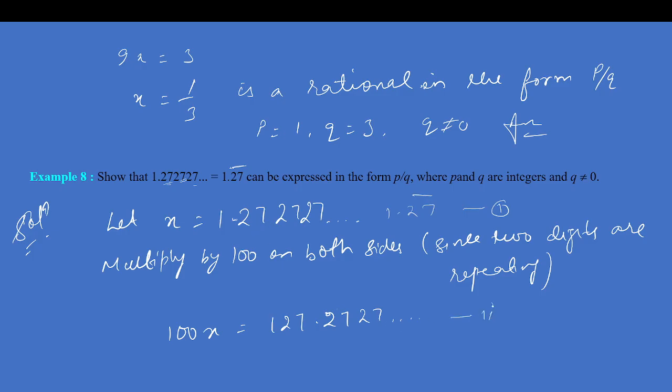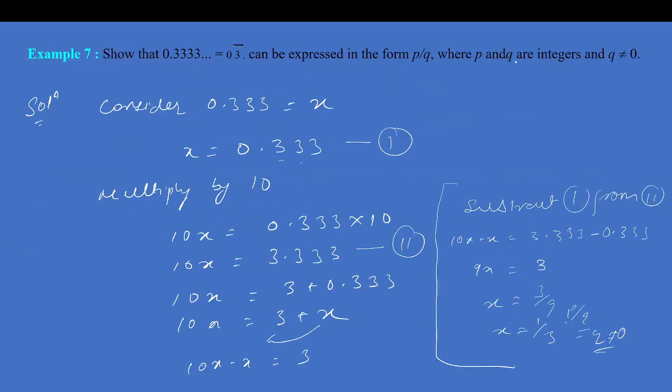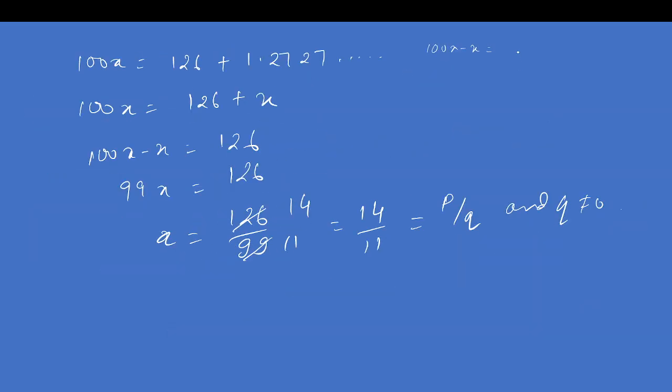If you multiply by 100, the decimal point will shift two places to the right. Now take this as equation 2. Now again subtract. So 100x less x is equal to 127.27 less 1.27.